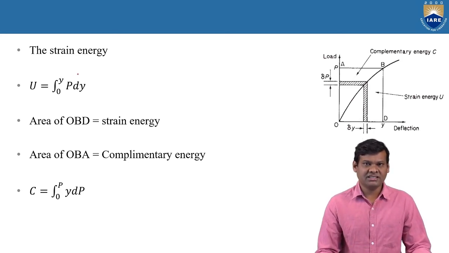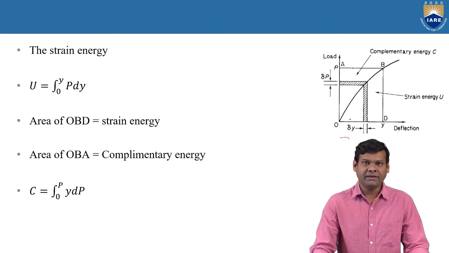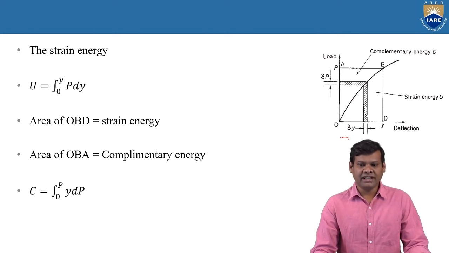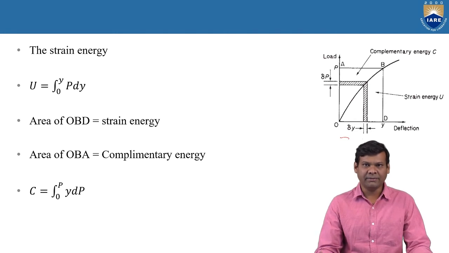The expression for the strain energy is given by U equal to the integral from 0 to Y of P dy. This is the case when you draw this load-deflection curve. That is, when a rod is extending from 0 to Y, the amount of strain energy stored in the body is given by the integral from 0 to Y of P dy, where P is the applied load and dy is a small elemental increment.